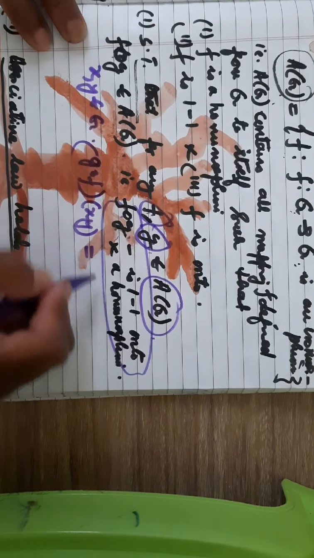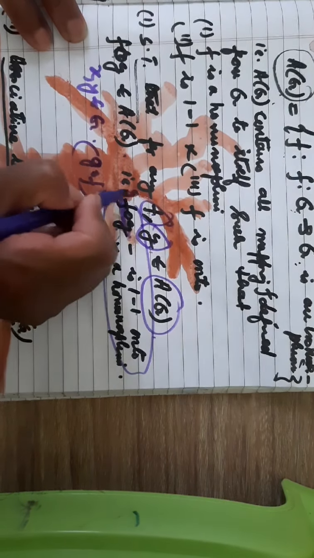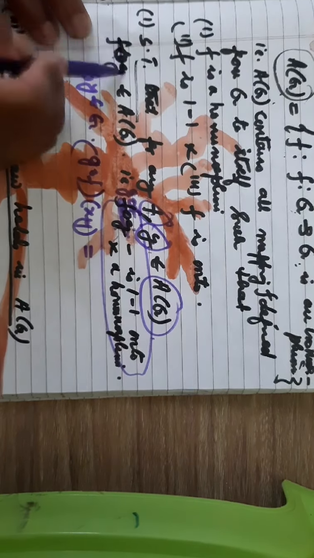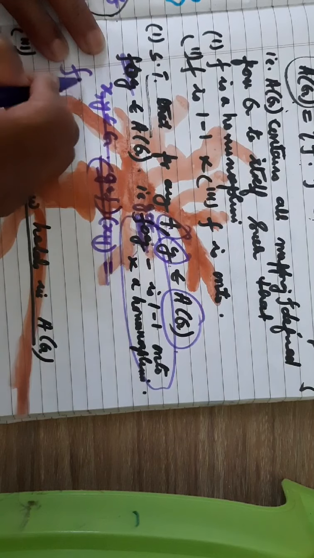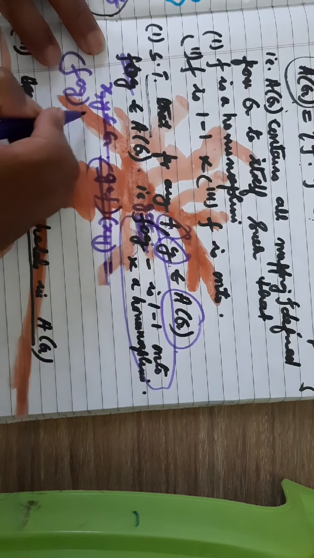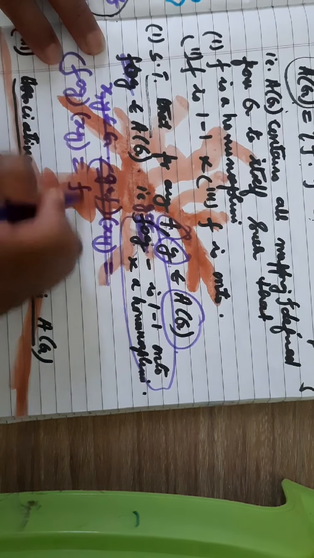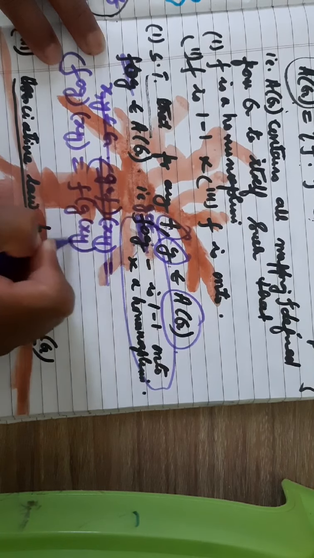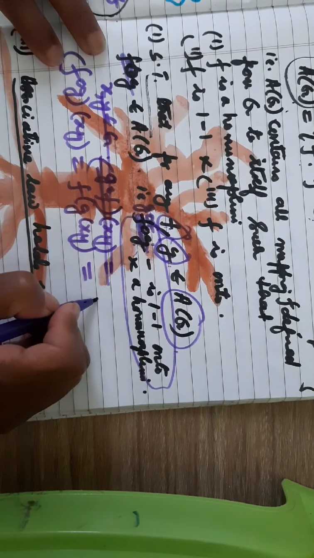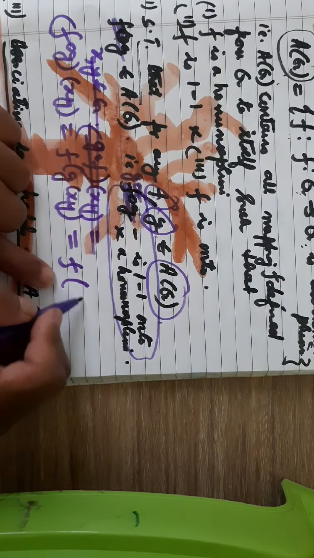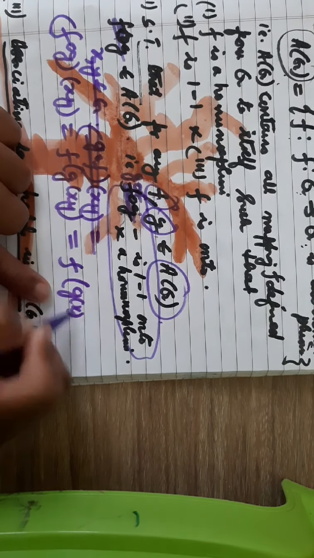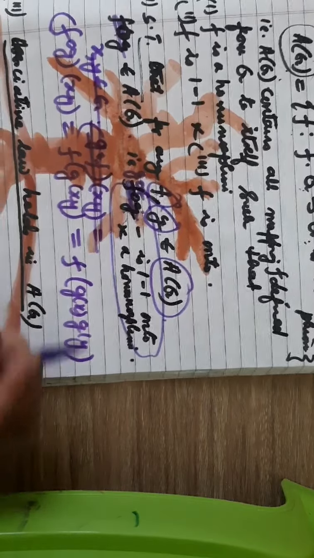I can show that f composite g of xy is equal to f of g of xy. And this is equal to f of gx, gy.